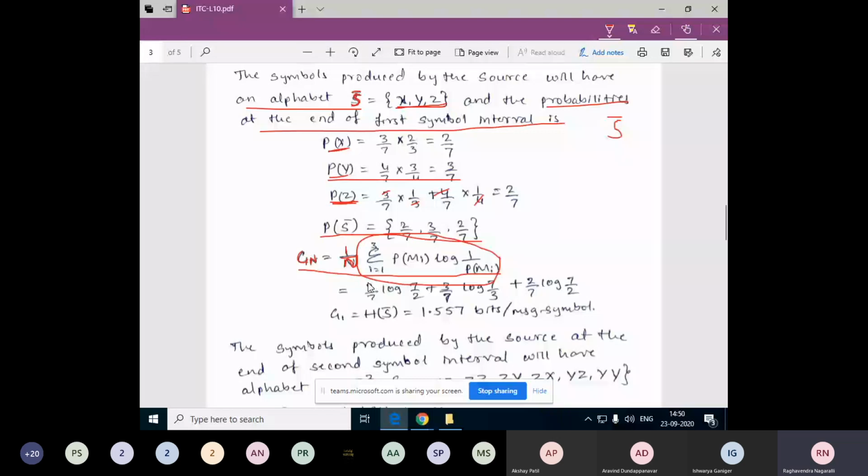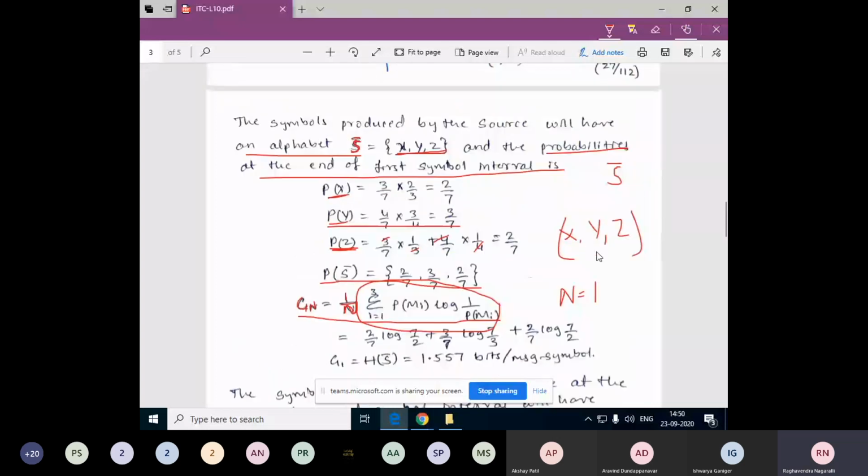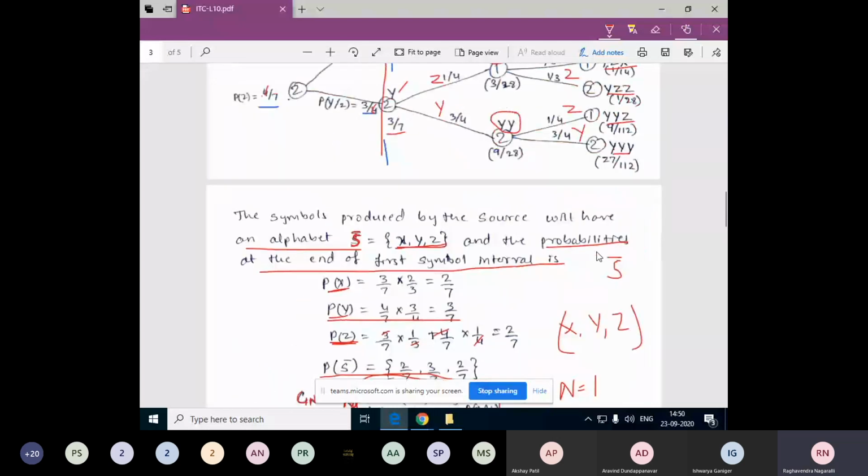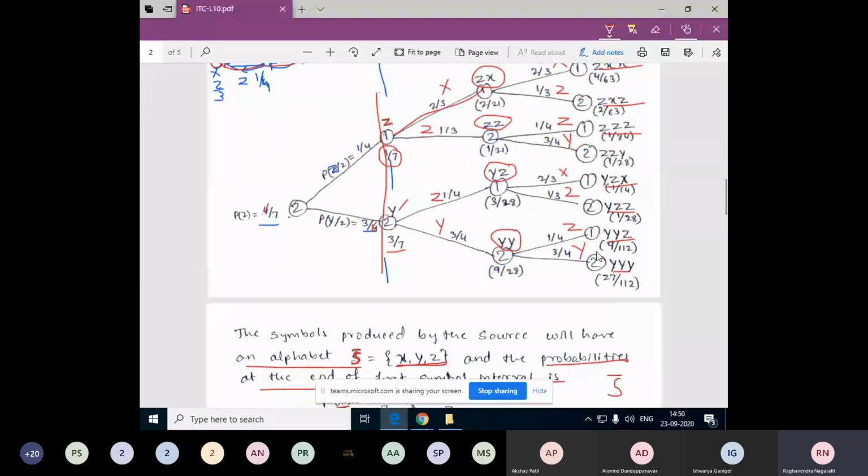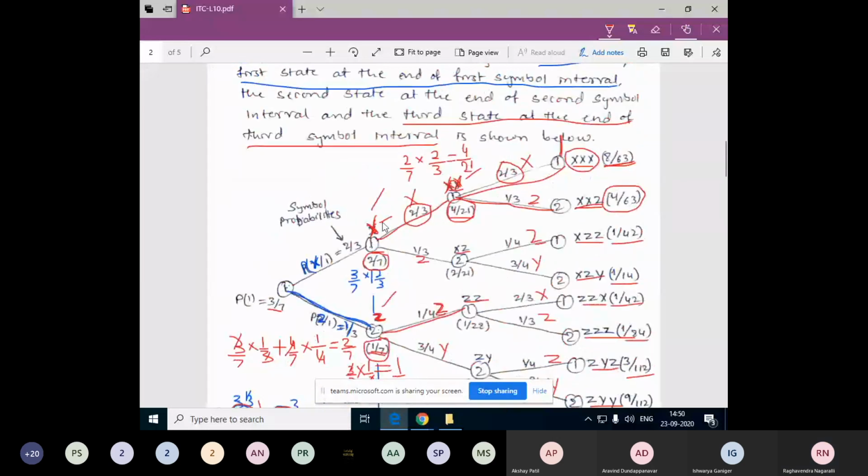So here we have X, Y, and Z. There is only one symbol emission per state, so this n value will become 1. There is only one symbol emitted, so the length of the symbol emission is 1.